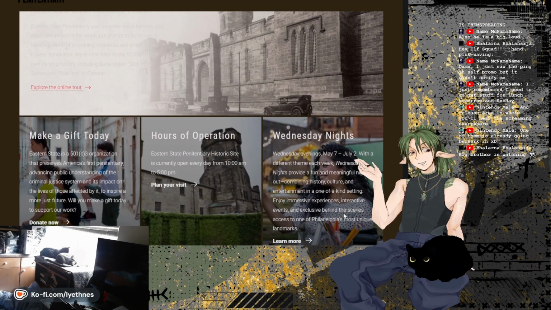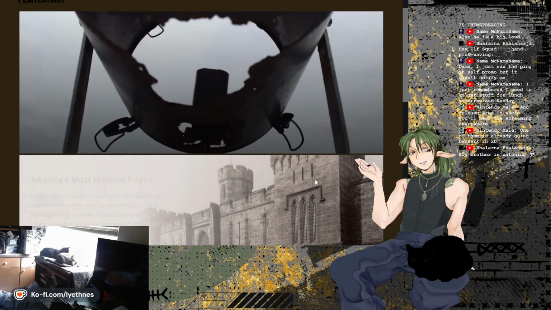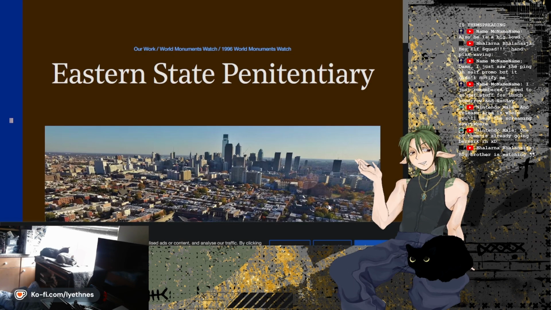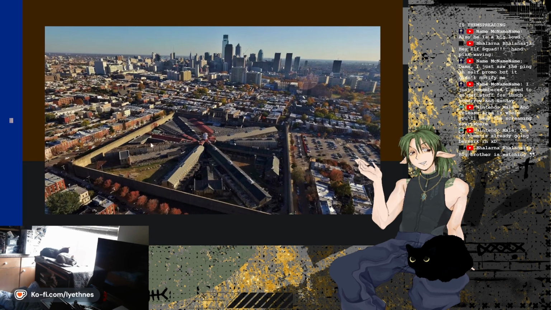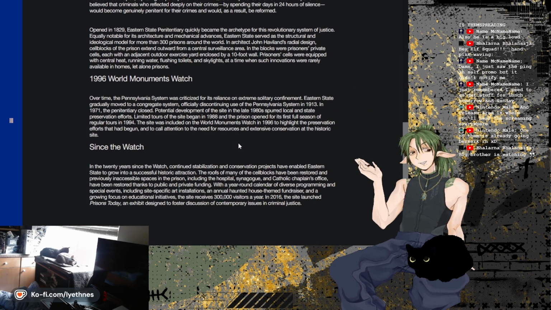So I'm going to go down here. No, it's not this one, but this is sort of an overview. Pretty interesting. This is a photo of what it looks like currently today.